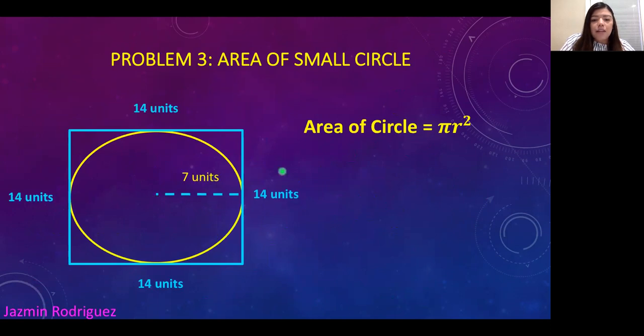So that means that this is 7 units. And how do we know this is 7 units? Well, we know that this is 14 units, and this measures the same thing. Therefore, half of it is going to be 7 units. And we'll just plug that into our formula. And then we get that our area for the small circle is going to be 49 pi units squared.